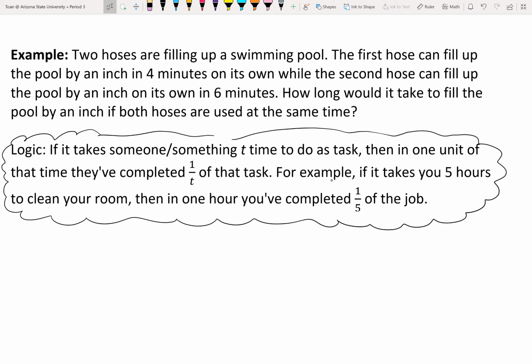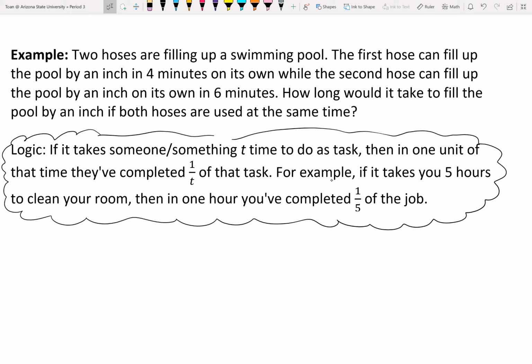You got 2 neighbors, so just steal their hoses. So the first hose, you put it in your swimming pool, turn it on, and you record that it raises the swimming pool by 1 inch in 4 minutes by itself. You shut it off, you use the second hose, you turn it on, and you see that it raises the pool by 1 inch in 6 minutes on its own. And you're going, you know what, I'm smart.